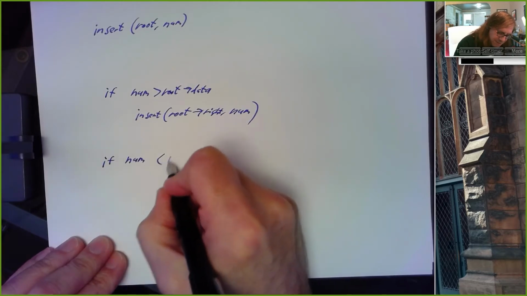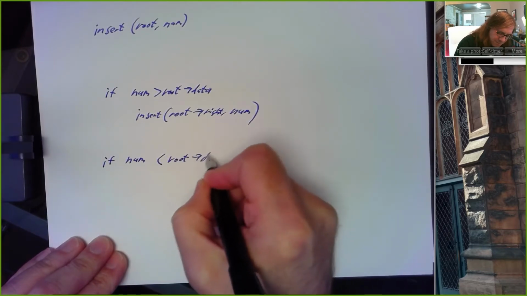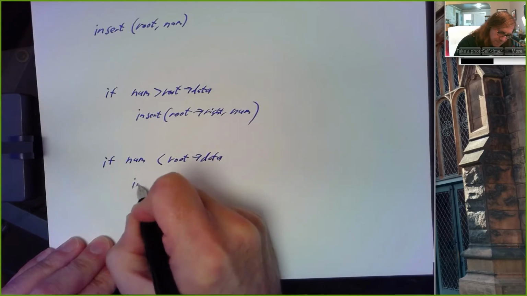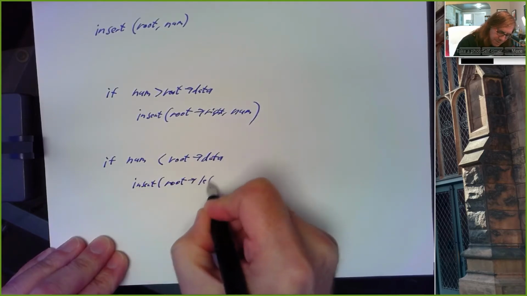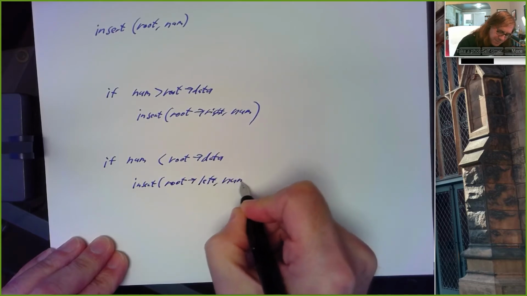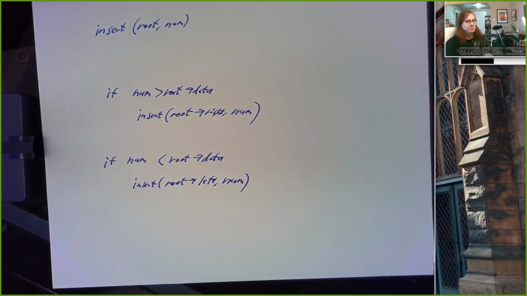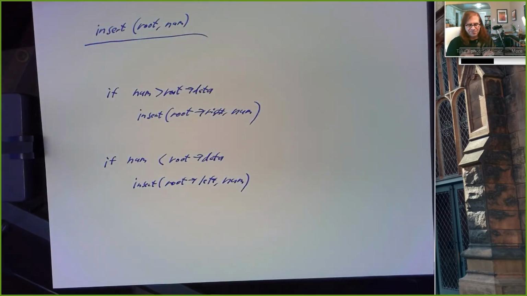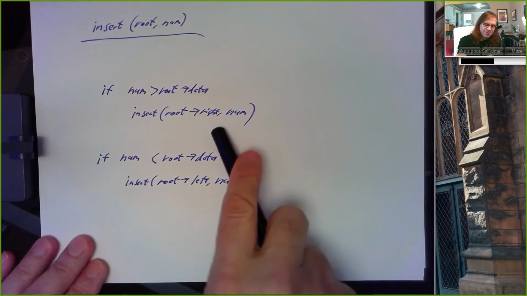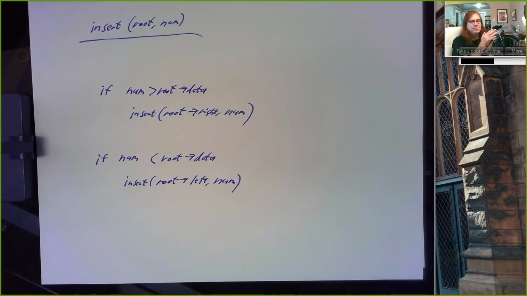If our number was less than the root data, insert our number into the left subtree. And that's most of our insert function. Those 2 lines of code. So either insert into the right or insert into the left.